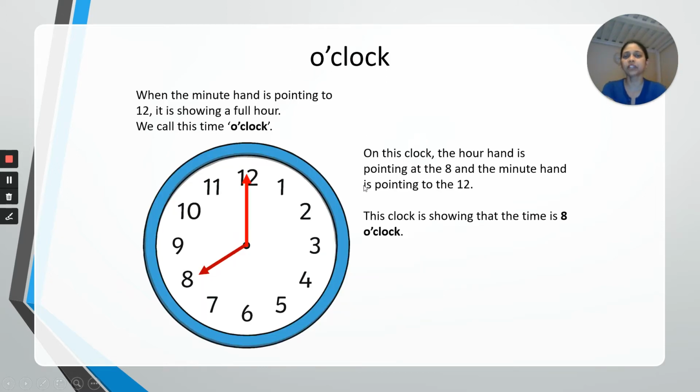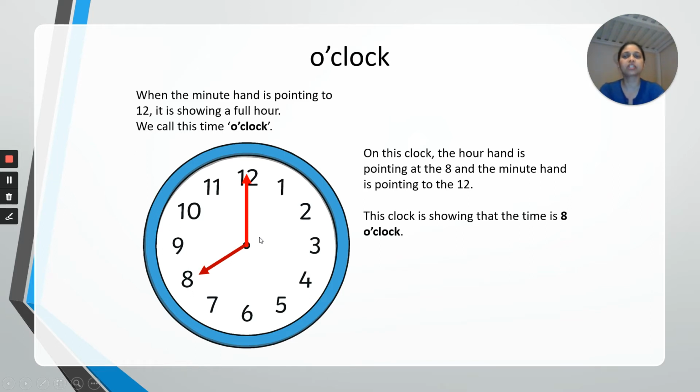Okay, so when we talk about the minute hand and when it points to this 12, like over here, it always shows a full hour. Remember, the hour hand is the smallest or the shortest hand on your clock. Over here, it shows that the hour hand is on the 8.